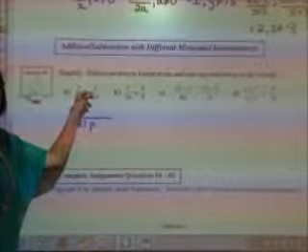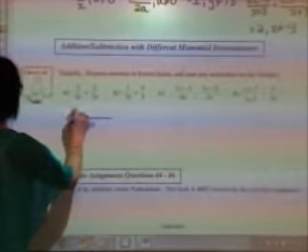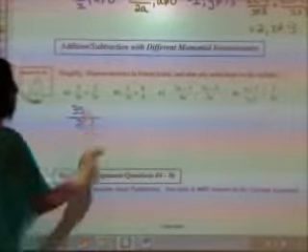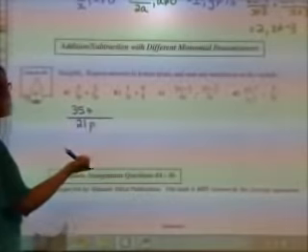So how would I go from 3p to 21p? What would I multiply by? 7. So I multiply the top by 7. 7 times 5? What would I multiply the 2 by? 3. 2 times 3 is?